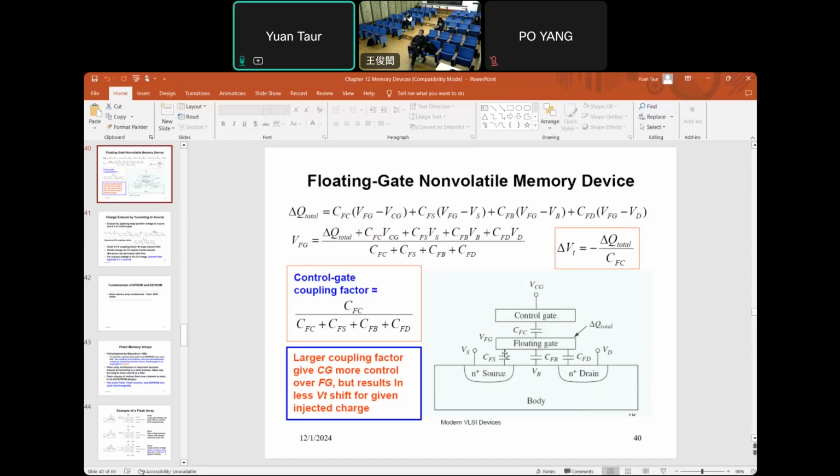That's by applying a positive voltage to the source, so that the field between the source and the floating gate is such that the negative charge on the floating gate will tunnel back out to the source.